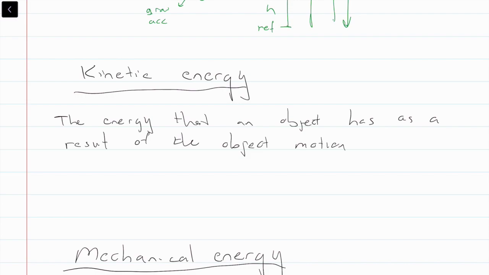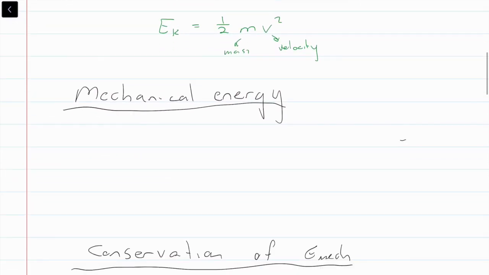I'm sure most of you know this. It's basically the energy that an object has because it's moving. We denote kinetic energy EK is equal to a half mv squared, where m is your mass and v is your velocity. Again it is in units of joules because it's also energy.